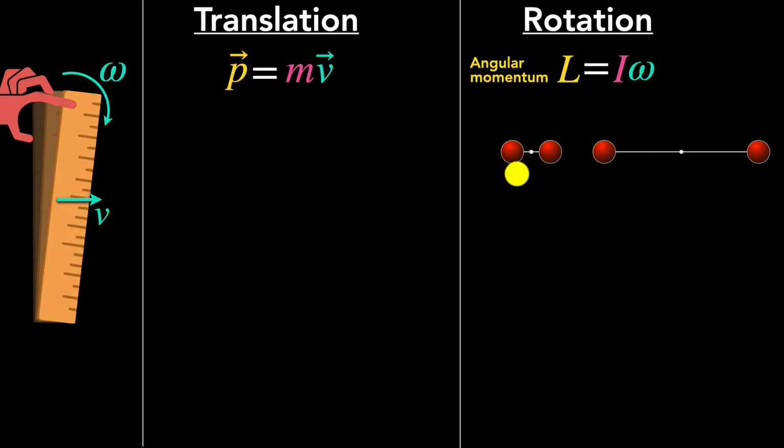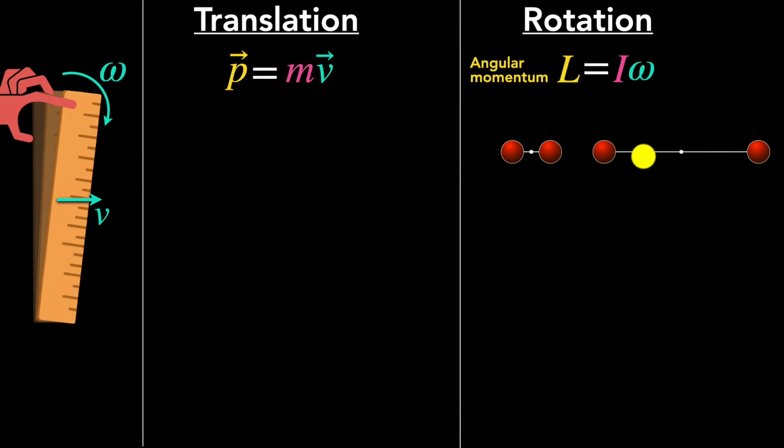For example, consider two spheres attached by a light rod. If the mass of the spheres are exactly the same, both of these objects have exactly the same mass. But if you're spinning them about their centers over here, they don't have the same rotational inertia. Over here, the masses are very close to the center, so it has lower rotational inertia. And over here, the mass is farther away from the center, so it has a higher rotational inertia.